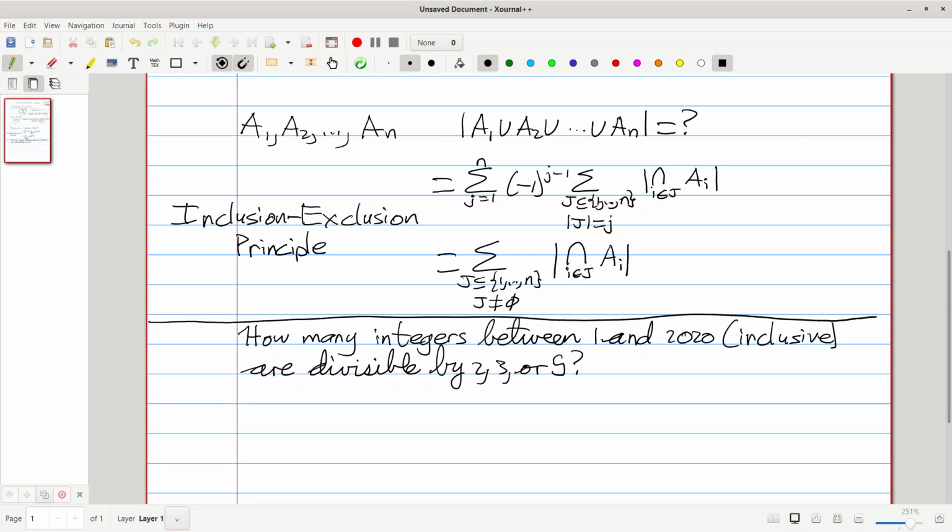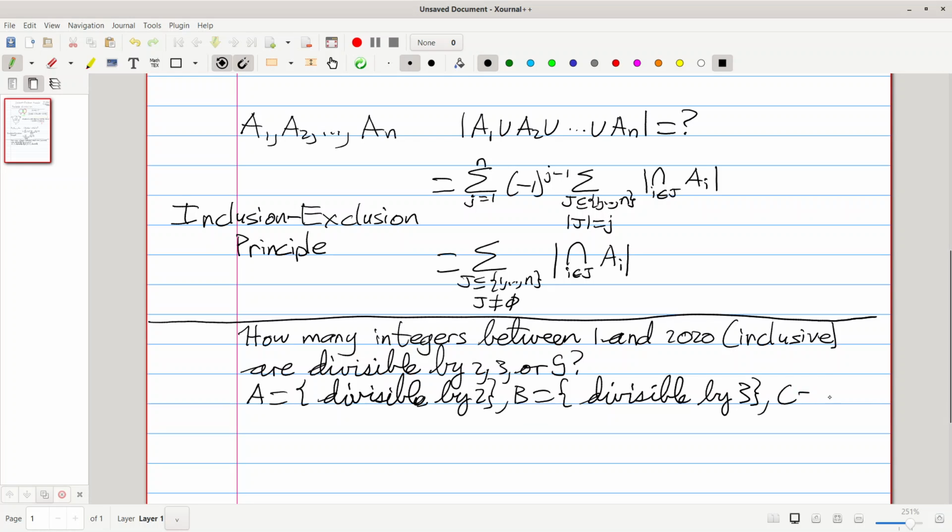So the sets that you have in this case: A is the set of all integers divisible by 2. B is the set of those which are divisible by 3. And C is the same thing with 5.